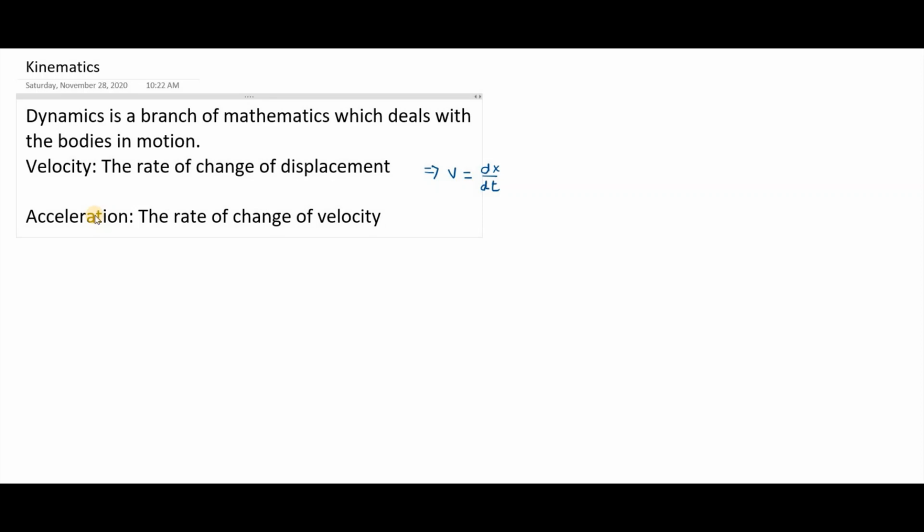So that implies acceleration a is equal to the rate of change of velocity, which is dv divided by dt.